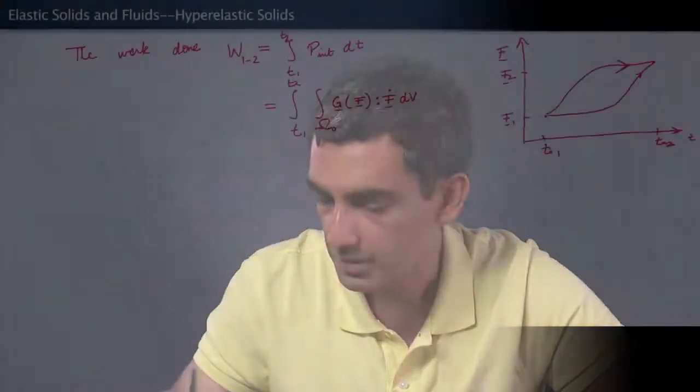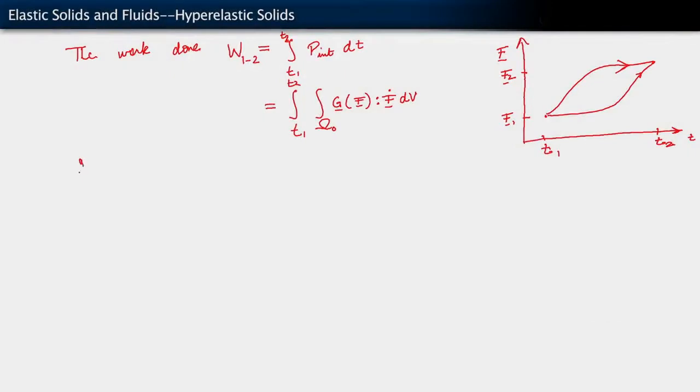So we are asking ourselves, is W1 to 2 invariant with respect to path? Of course you understand how this works.